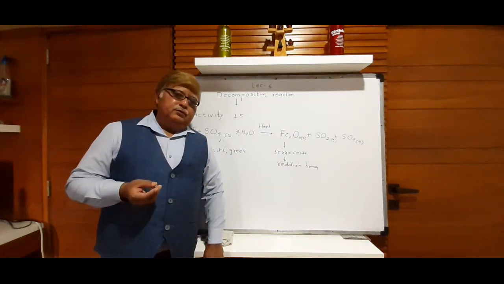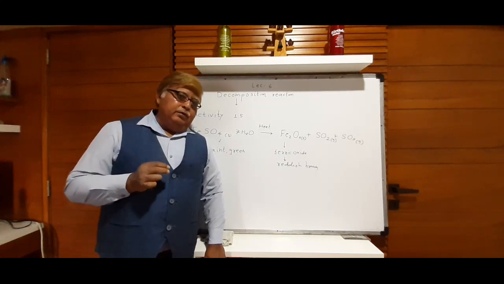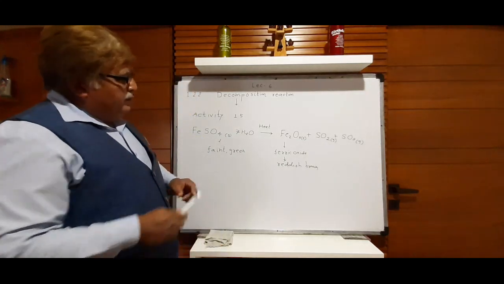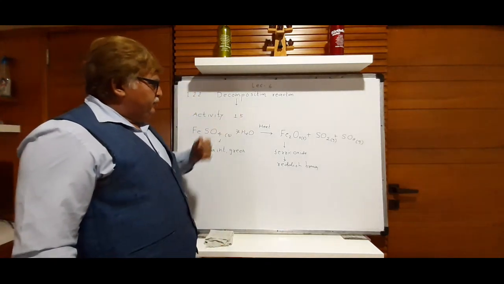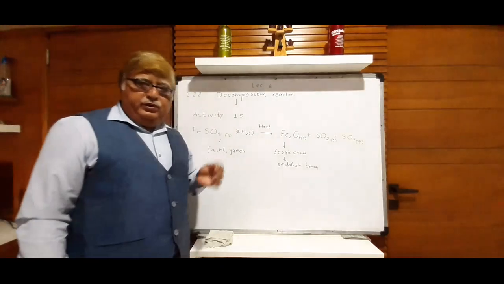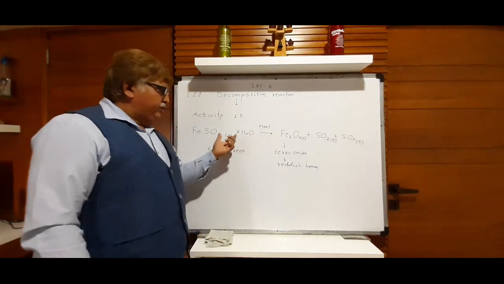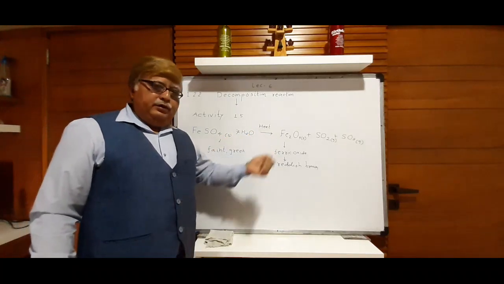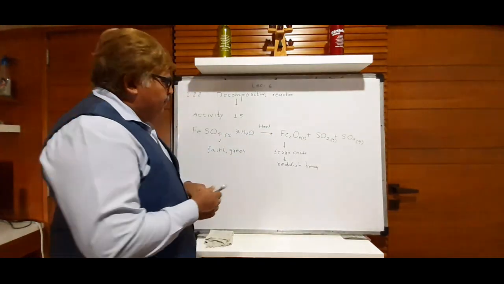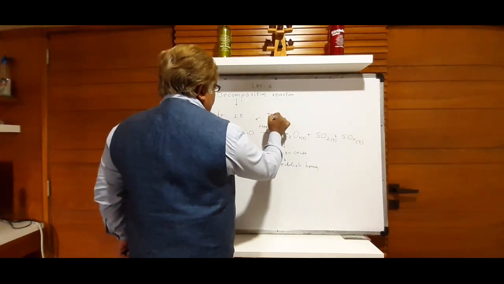That's why we can call it a thermal decomposition reaction. So my dear student, from this equation the definition might be clear: a decomposition reaction where a big molecule is broken down into smaller molecules with the help of heat energy is a thermal decomposition reaction.